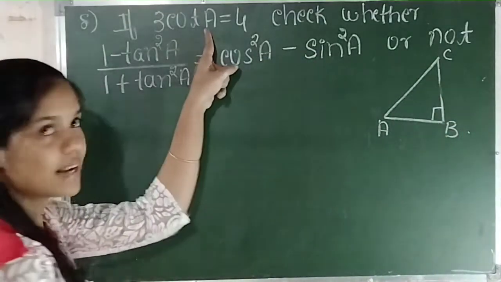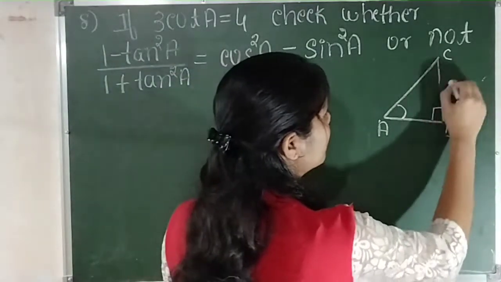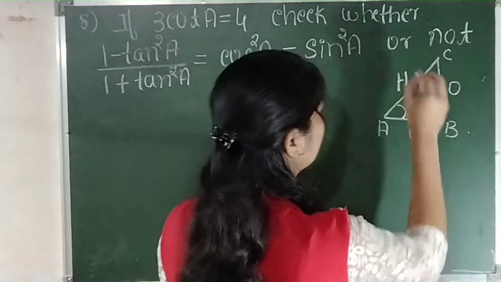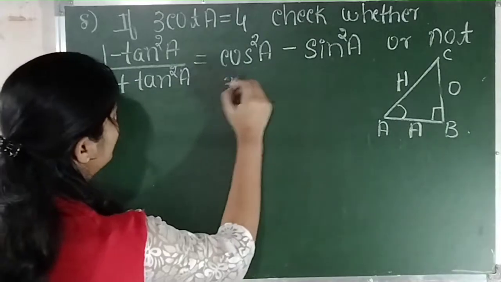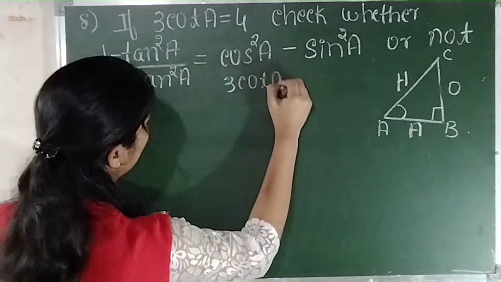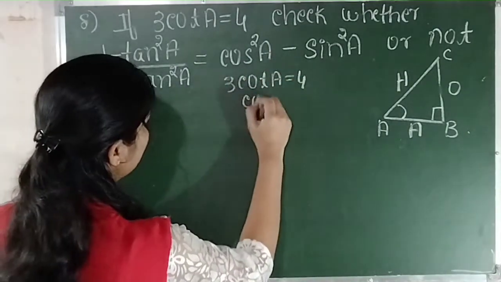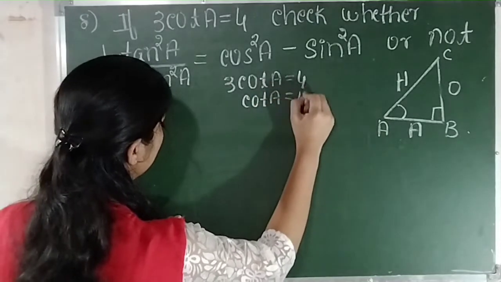The angle is present at A. So they have given 3 cot A is equal to 4. This implies cot A is equal to 4 by 3.